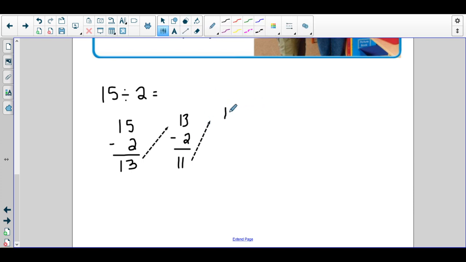Some of you might now be figuring out what's going to happen here. 11 minus 2 is 9. Bring that one up. 9 minus 2 is 7. Can you see it yet?